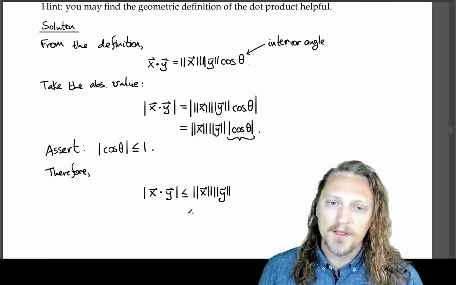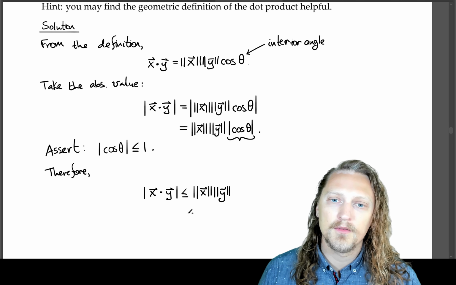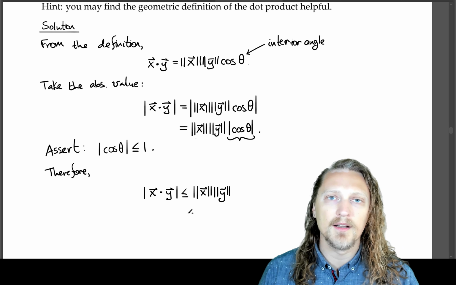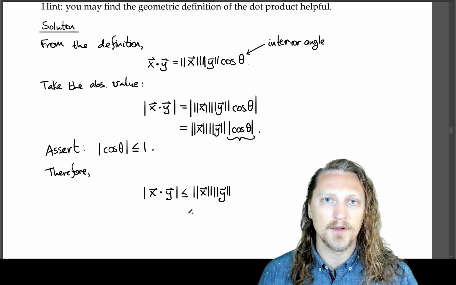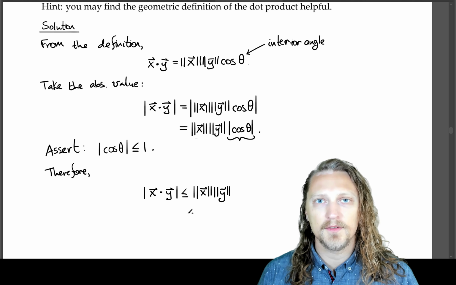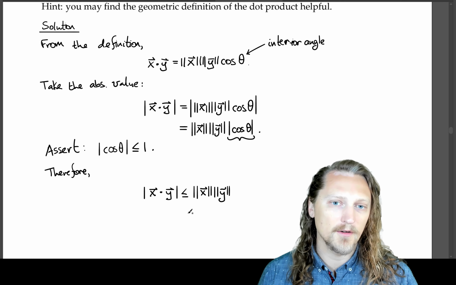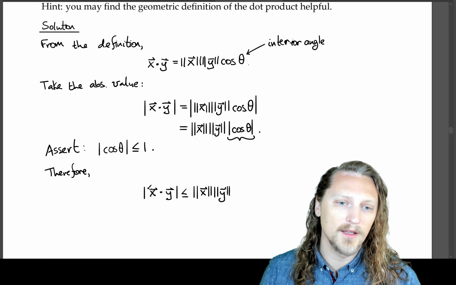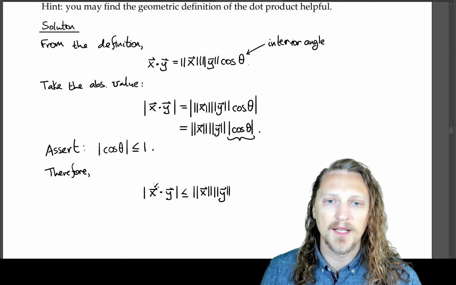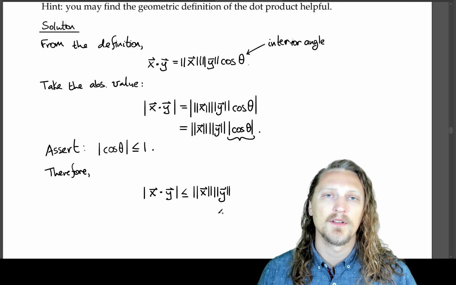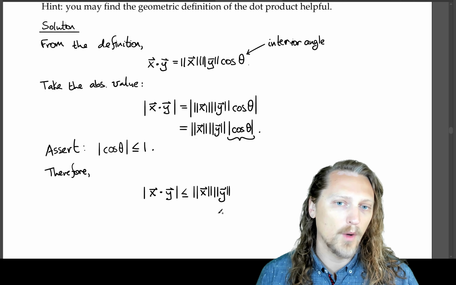And we get equality here. If cosine theta is anything less than 1, which it is for values that are not 0 and pi, etc., then we have a term over here that's going to be less than this norm of x times the norm of y.